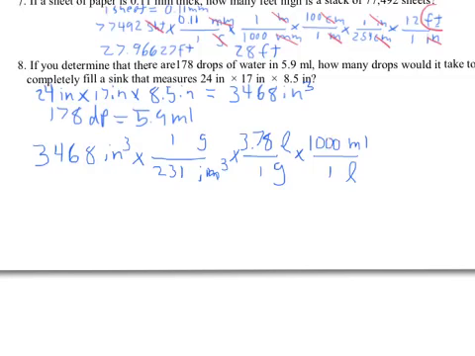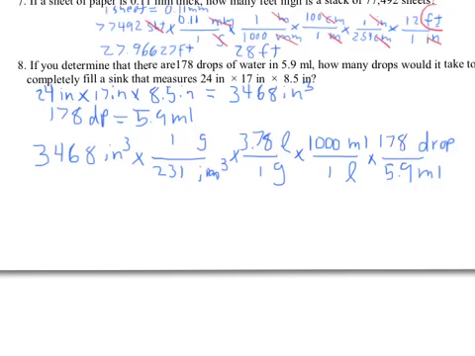Now I'm going to come around and use my conversion factor. I can turn milliliters into drops, and I'll have my answer. So I put milliliters in the basement and drops up above, and the conversion factor I have is 5.9 milliliters equals 178 drops.